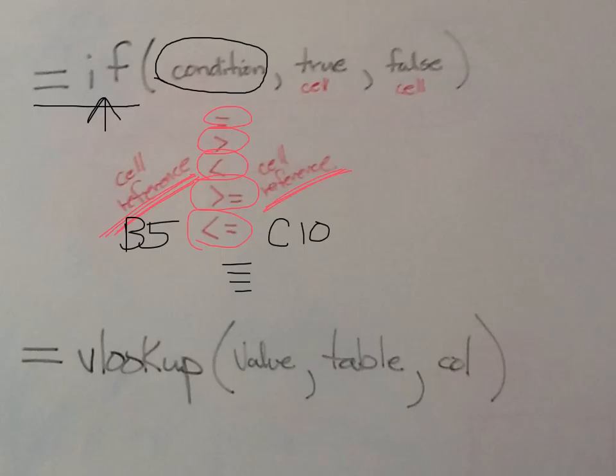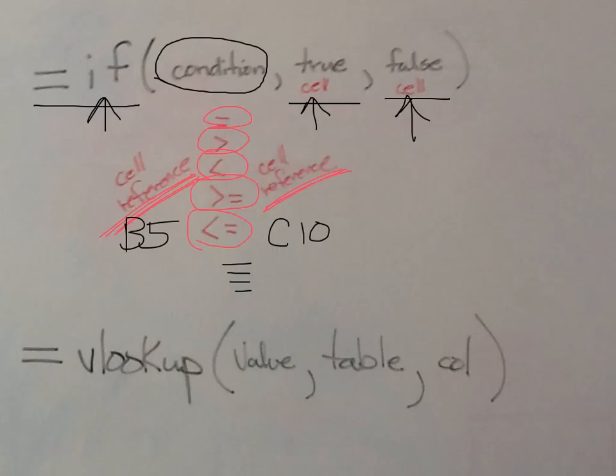Okay? If it's true, it'll do what's here. Now here I listed where, in the example we did today, we had just a cell reference there. But it could be a formula. You could actually perform a formula there. If it's false, you can refer to a cell reference or a formula, have it do some calculations.